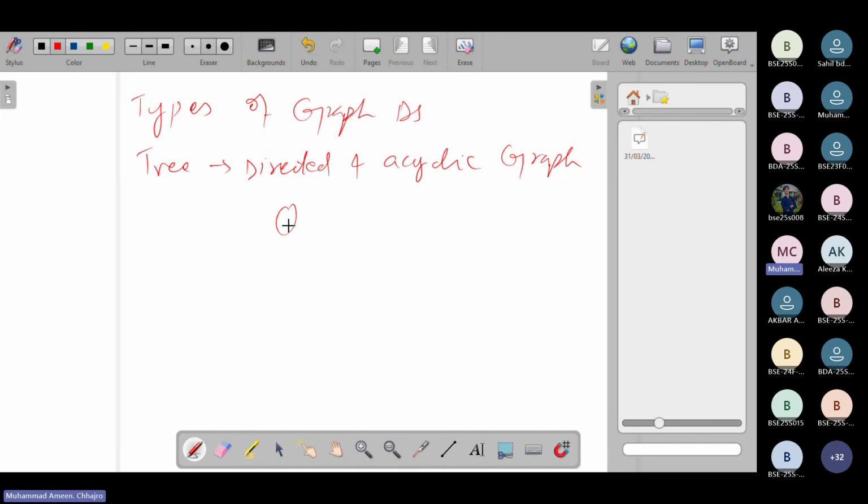Because you know that in a tree we have different nodes, right? They are connected with each other, but they are not making any cycle.